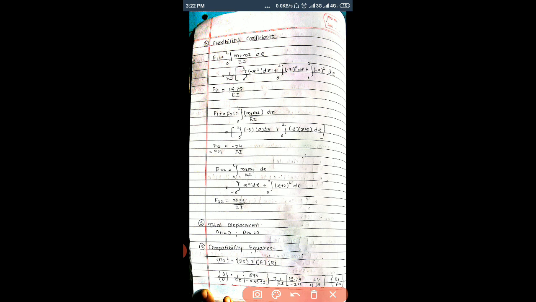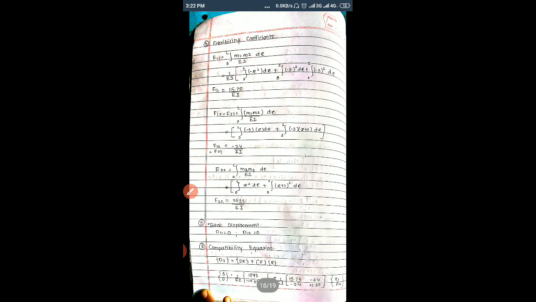Then we go for the compatibility equation. So this is the compatibility equation. What does it exactly mean? Di is the displacement in the indeterminate structure, which equals dr, the displacement in the release structure. So what we have calculated here is the displacement in the release structure, these values. Then f is the flexibility coefficients that we have calculated here, into r, where r is the redundants, r1 and r2, the unknown values.